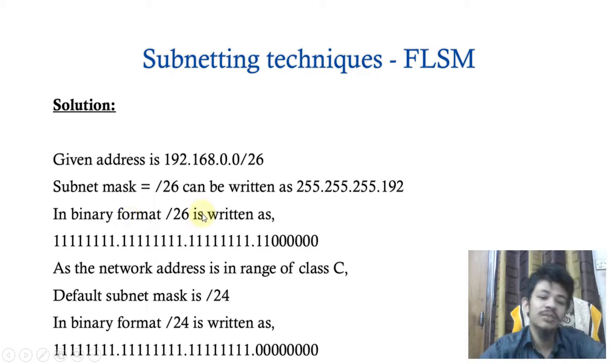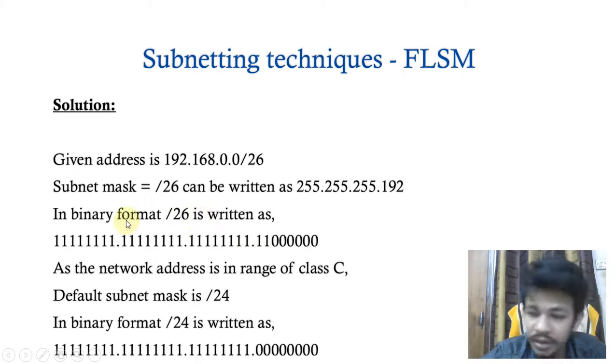So how can we write 26 in binary format? This 255 can be written as eight 1s, so the binary bits will be 8 in each octet: 1 1 1 1 1 1 1 1. Similarly, for this 255 we can write again 8 ones here.